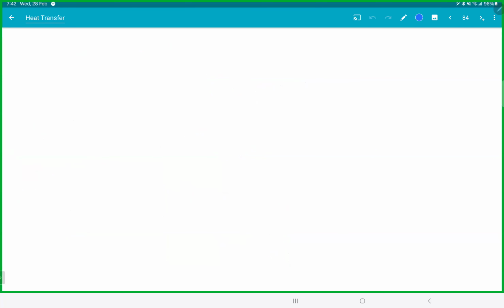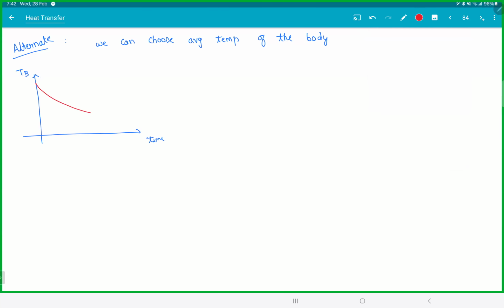the same question, alternate method. We use the average method. So what we do in this, we can choose the average temperature of the body while solving. Technically speaking, in the graph of temperature of the body versus time, the graph kind of looks like this.